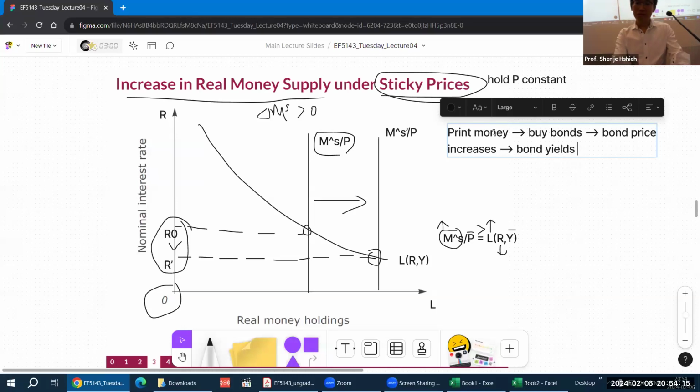Bond yields decrease, which means on average, interest rates decrease. Right, because if bond prices elevate, the fixed income return is less than before, and as a result, interest rates must be lower as well. Because it's more expensive to buy the bond now, right?